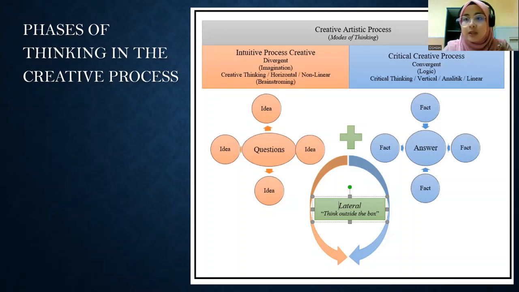Critical thinking, vertical, lattice, and linear, where the fact gives your answer. You read the fact first, and then it will give you the answer.